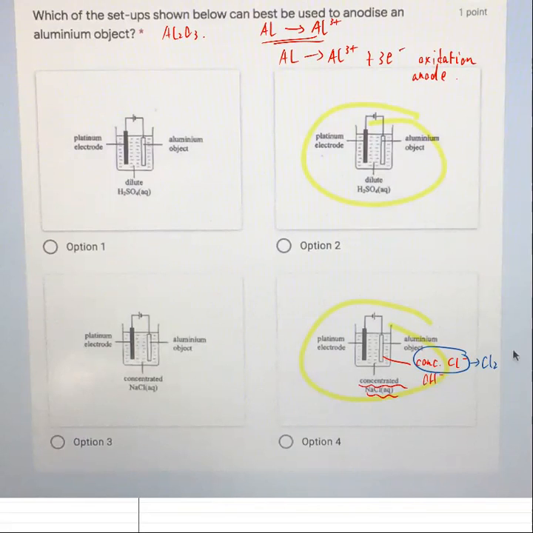Here we also have aluminium. Because there are loads of chloride ions around that electrode, chlorine would be preferentially discharged, not aluminium losing electrons to form aluminium ion. So the correct answer should be B.